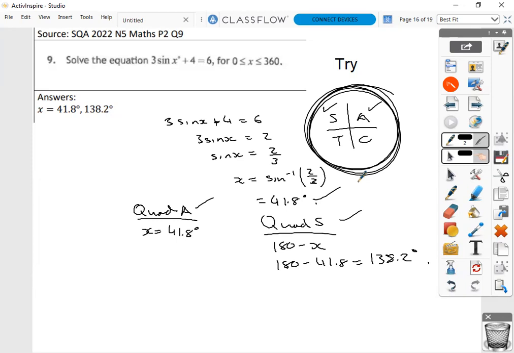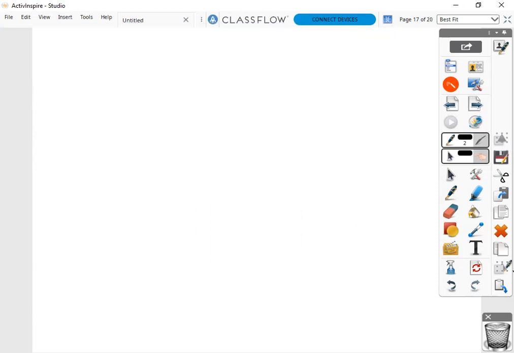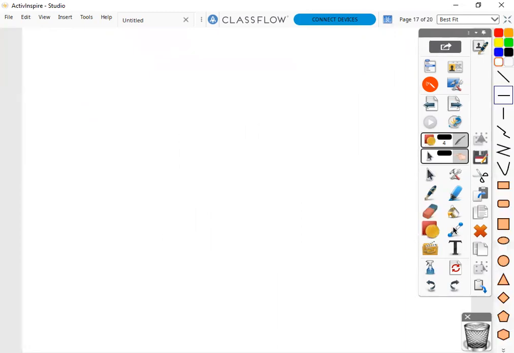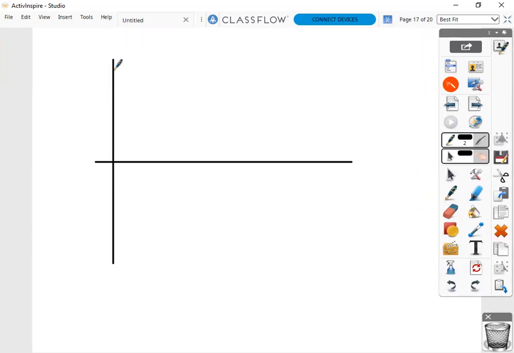I want to finish tonight with a slightly different way they can ask this, usually in the non-calculator paper. It's something like this. Let's look at cos x. The cos diagram: we go from positive, cut x, negative, cut x, positive.